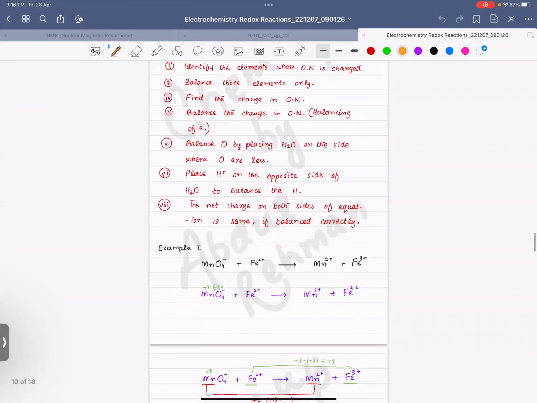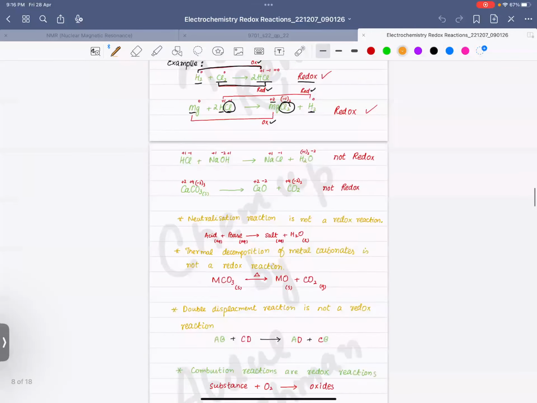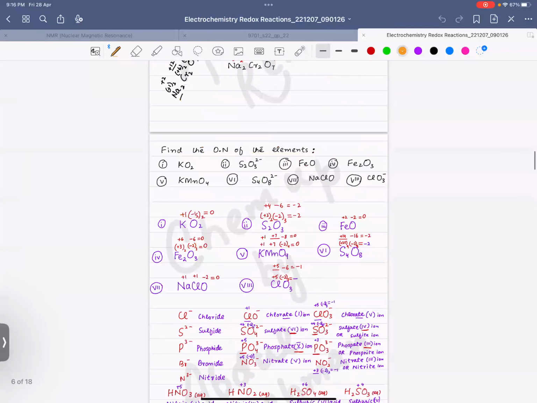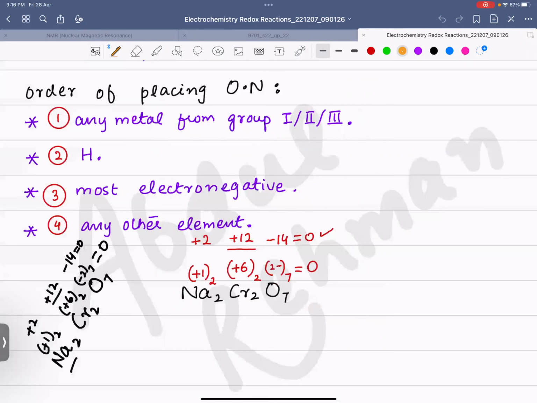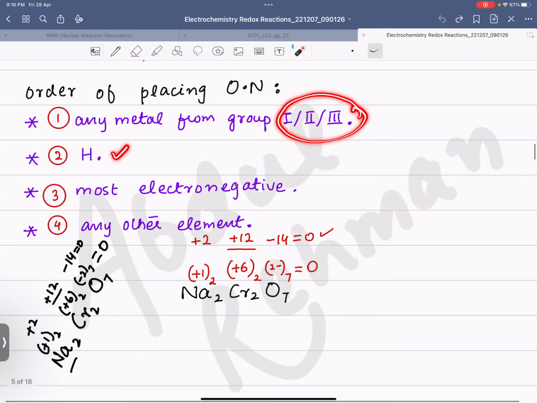Nitrogen is in group 15, yes. See, this is the order by which you would place the oxidation numbers on elements in any compound. If there is an element from group 1, group 2, or group 3, then you would put a charge on that, then hydrogen, then the most electronegative one among these, and at last any other element.